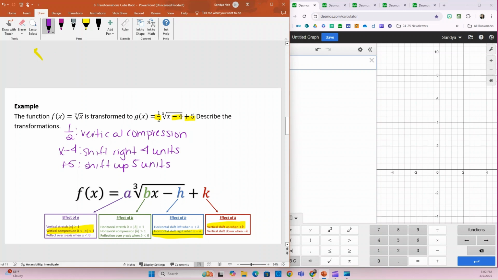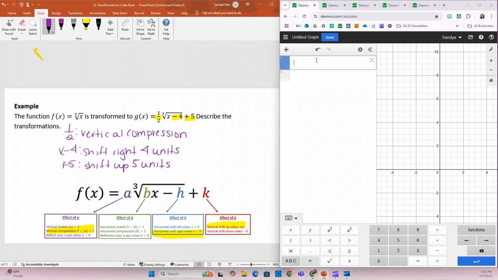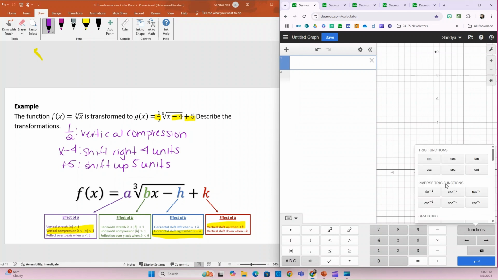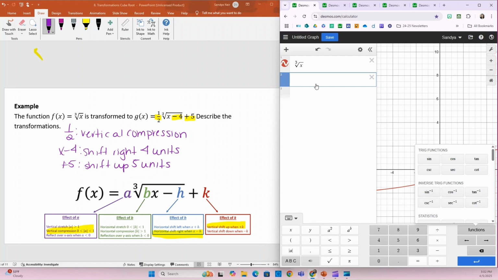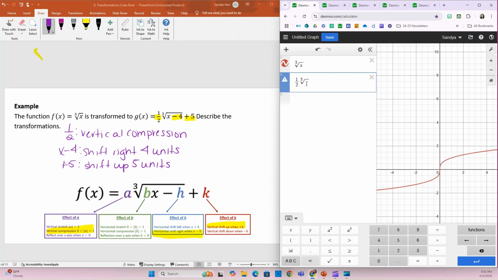So now let's go to Desmos and let's graph the parent function and the transformed function to see that we got these transformations correct. So I'm going to go to the functions menu and I'm going to get nth root and do the cube root of x for the parent. And then we're going to do 1 half, and then the cube root of x minus 4 and then click outside the root to do the plus 5.